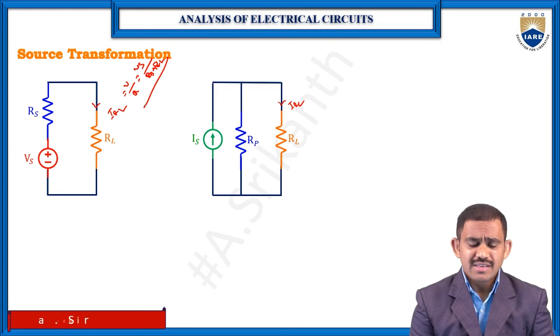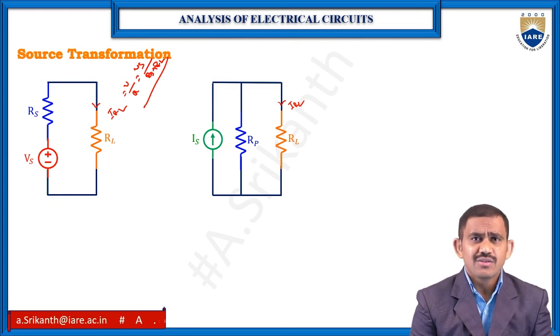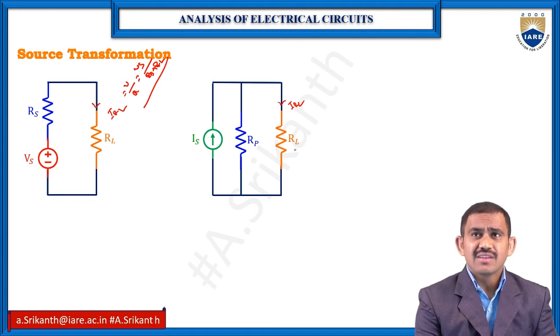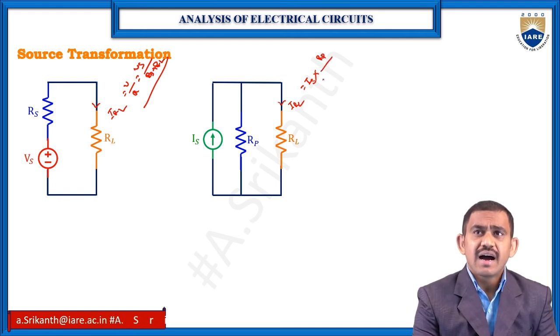Coming to the second one, you can use the current division rule. I know the source current value and I want to find the RL current. That is source current into the opposite resistor, that is Rp by Rp plus RL.